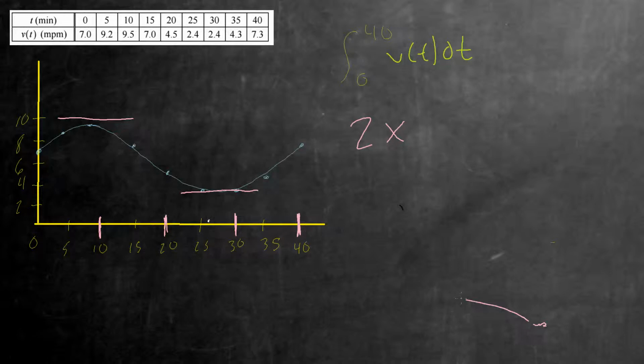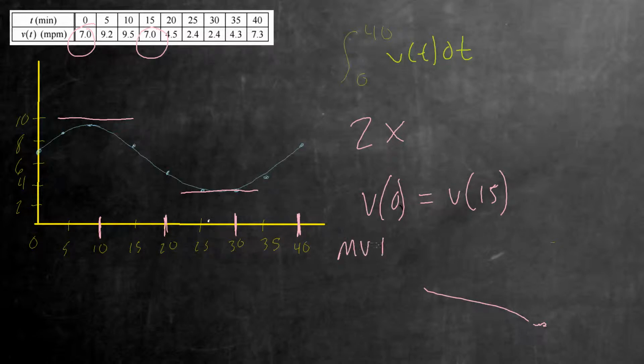The key words would be using the table and saying, because v of 0 equals v of 15, by the mean value theorem, because they are equal, their derivative had to equal 0 somewhere in between that interval.